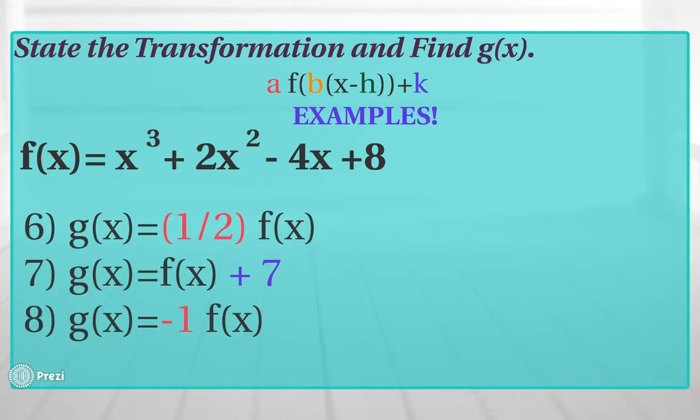Okay, and g of x will do something to f of x. So like g of x will be 1/2 times f of x, or f of x plus 7, or -1 times f of x. So we're going to know how to get from f of x to g of x based on a transformation, but then we're also going to solve for g of x, which will give us the equation that will get to the transformation, which is pretty nifty if you ask me.